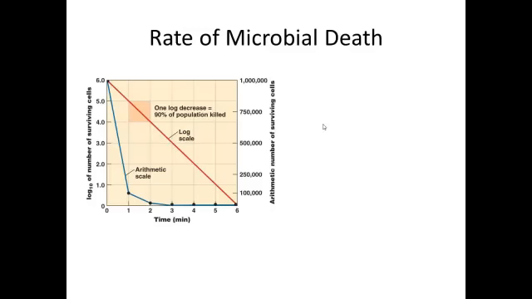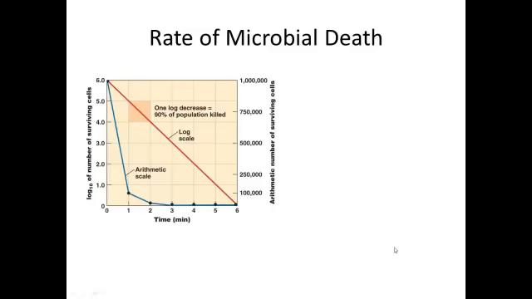A disinfectant is anything that will decrease the microbial count by 3 logs, or 99.9% of the microbes in the acceptable exposure time. If it's below that, and also if it's intended to be used on surfaces that people are going to be eating off of or putting in their mouths, we call this sanitization. Sanitizer is something that will kill less than 3 logs in the acceptable exposure time.